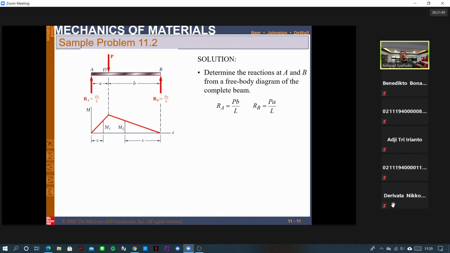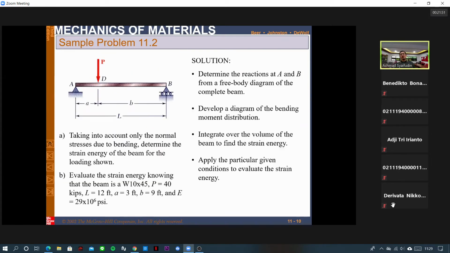This one, a member under bending load, actually not bending but transversal load. But the effect will create transversal loading and bending. So let's check how to solve this problem.